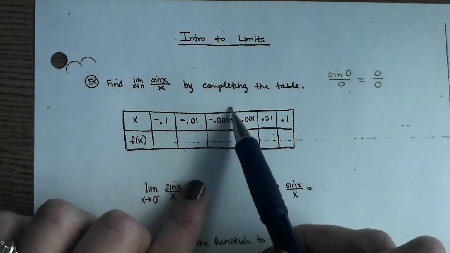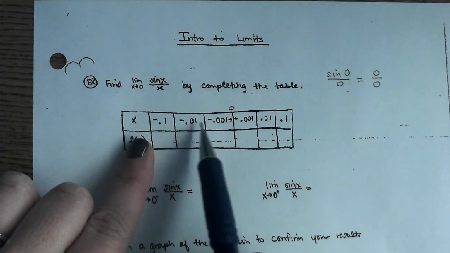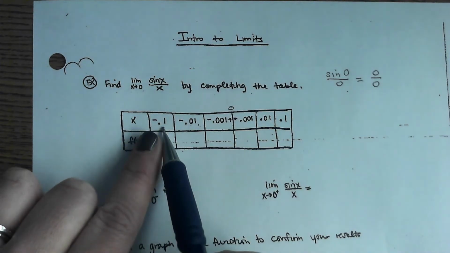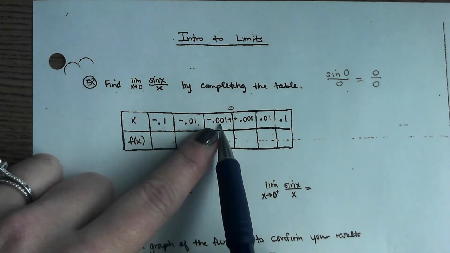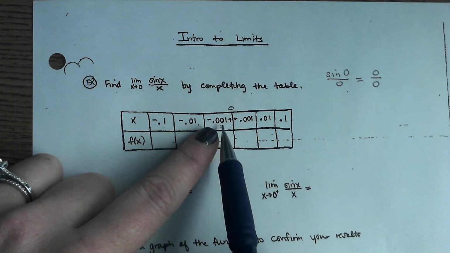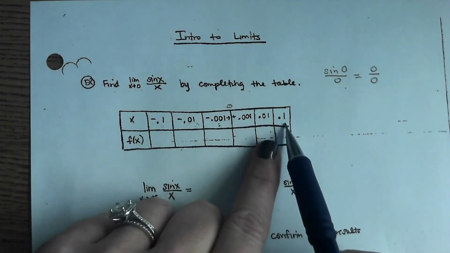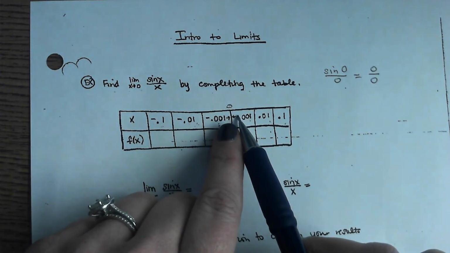But we're going to look at what happens if our numbers get closer to 0 coming from the negative side. Can we see how negative 1/10 and then negative 1/100th and then negative 1/1000th, that's getting closer and closer to 0 coming from the negatives. And then we're going to get closer and closer to 0 coming from positives.